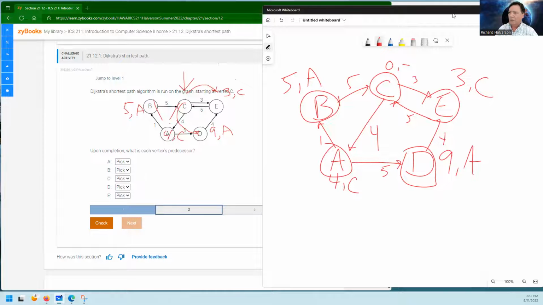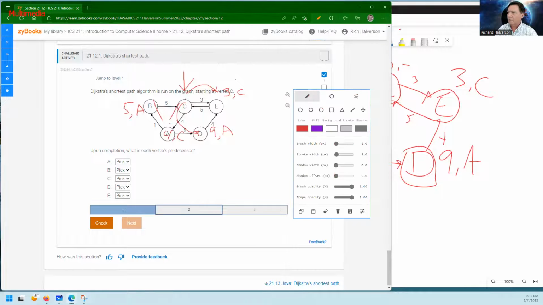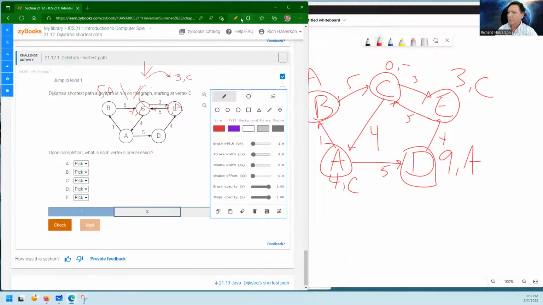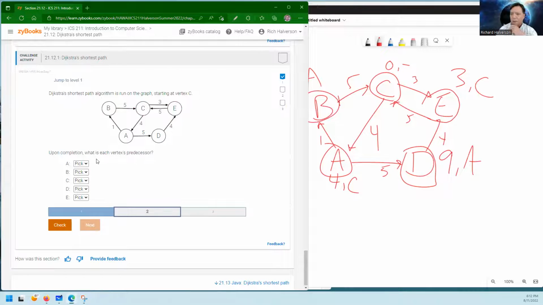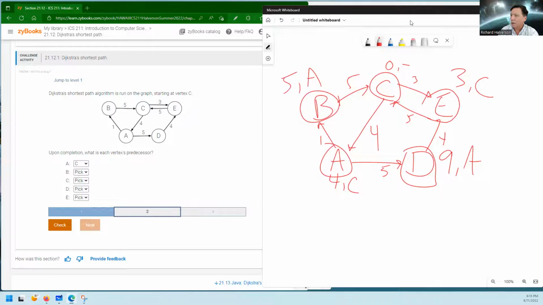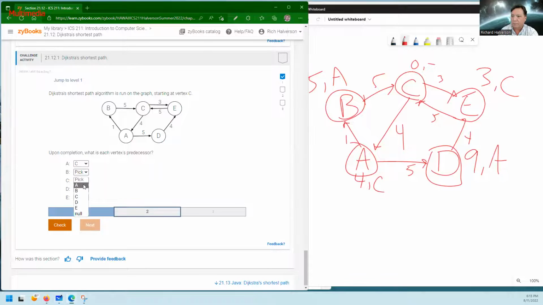All right, anyway, so go back here and let me get rid of this thing. And so the answer is, upon completion, what is each vertex's predecessor? Okay, so A's predecessor is C. Hope I did this right. B's predecessor is A. And C's predecessor is null, I guess.